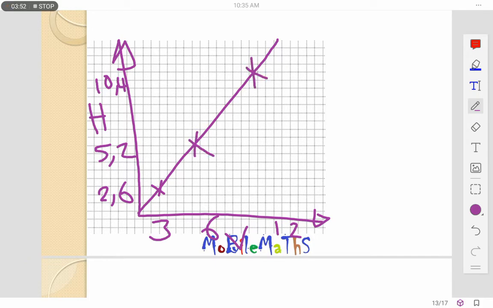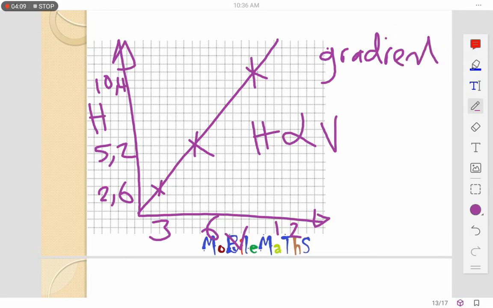If you plot it correctly, you should get H varying directly with V. The gradient at any point should be the same. That's what it means, and that's one way of proving.